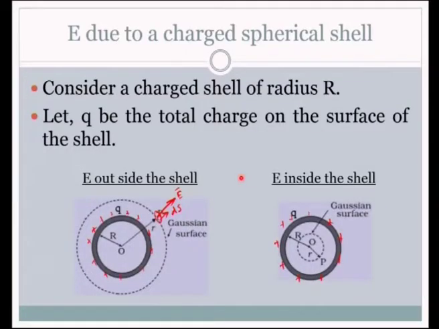The shell acts as a concentrated point charge at the center, as far as a point outside the shell. Have a look at the diagram with which I would like to explain. See, for a point outside the shell, the entire shell acts as if it is concentrated here at the center. The entire charge appears to be concentrated here at the center for a point outside.